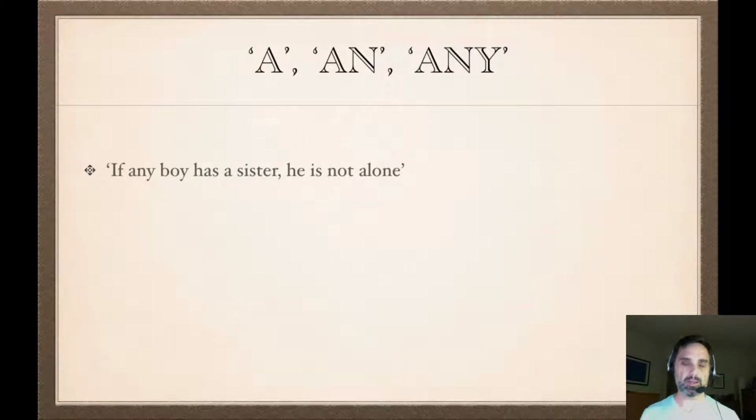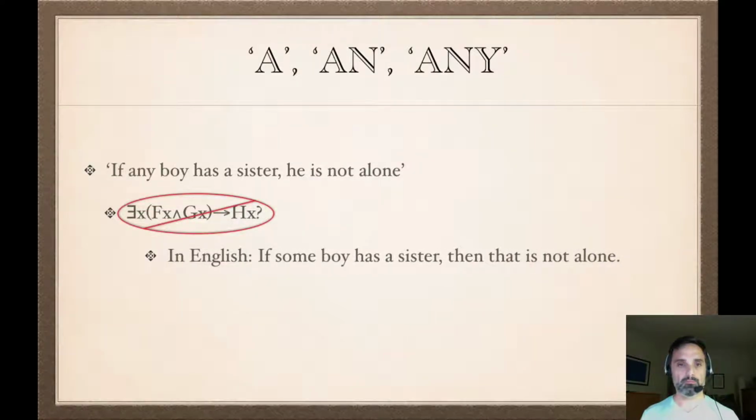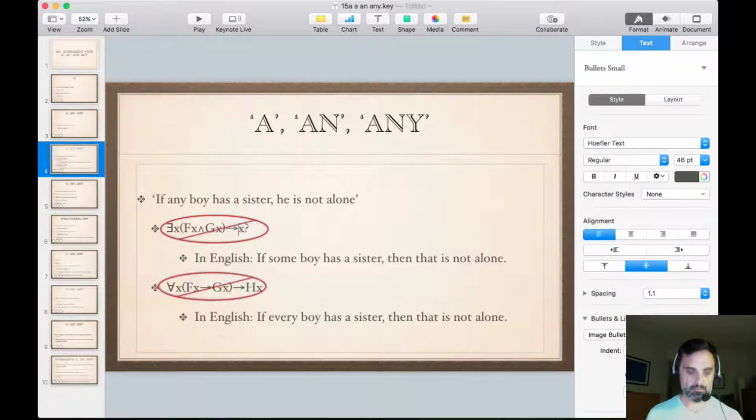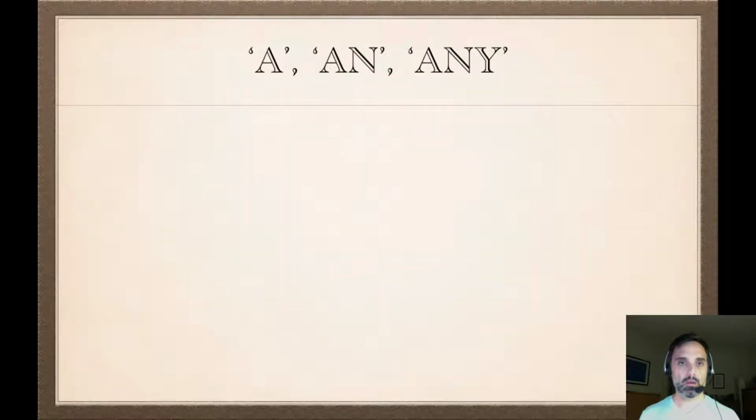But what about this? If any boy has a sister, he is not alone. Well, we might try: if some x, fx and gx, then hx, and that would be like the previous symbolization. The only difference here is we have hx in the consequent.